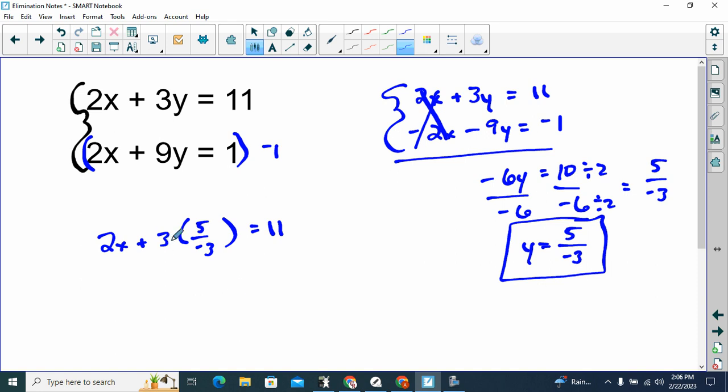We need 3 times negative 5/3. 3 times 5 over negative 3. To multiply fractions, we just multiply straight across. 3 times 5, 1 times negative 3, 15 divided by negative 3 is negative 5. So multiplying these gave me negative 5.